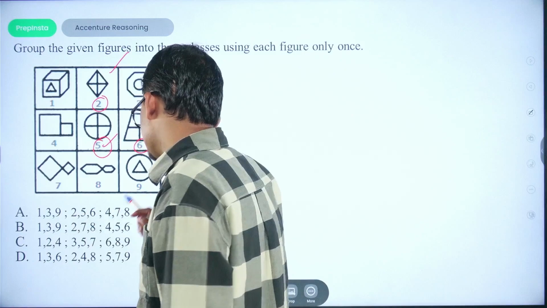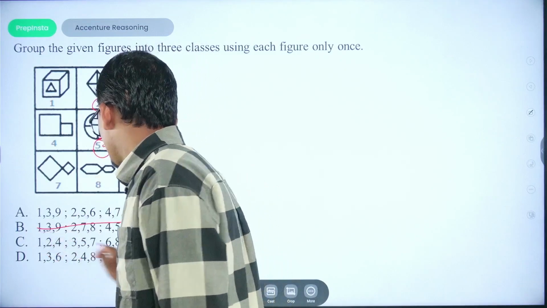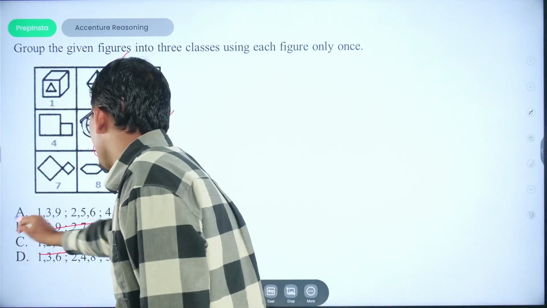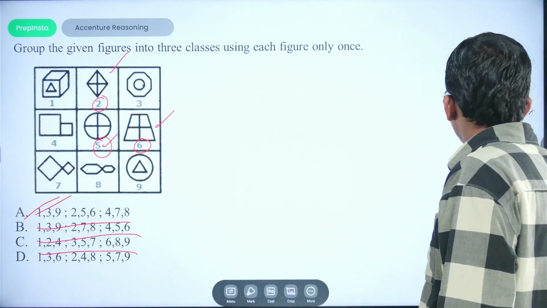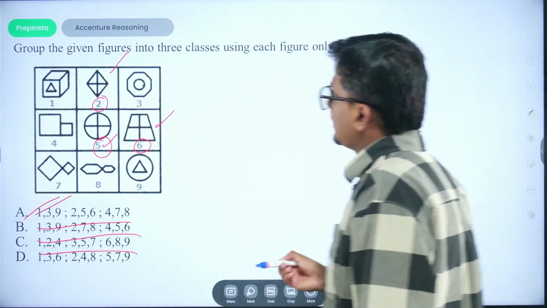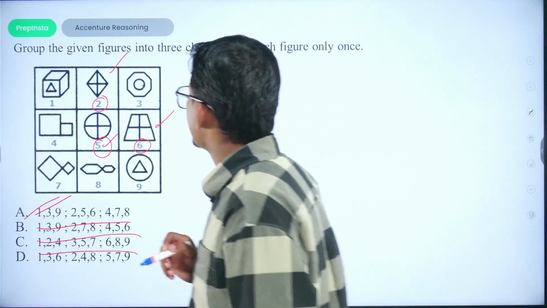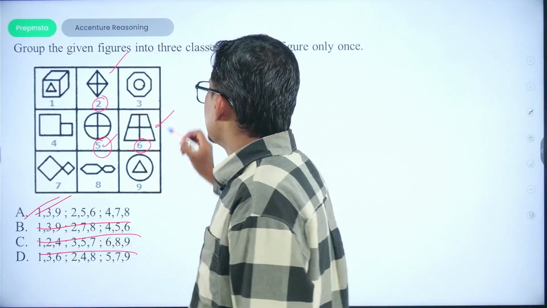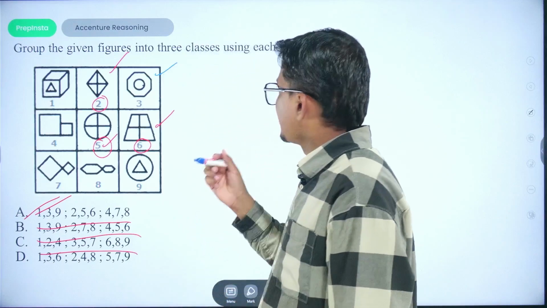So it is being used in this particular sentence only. So eliminating all the options, we can have option number 1. Now if I have to find the logic among the other figures, I can also deduce the logic that in certain figures, we have one geometrical figure inside another.